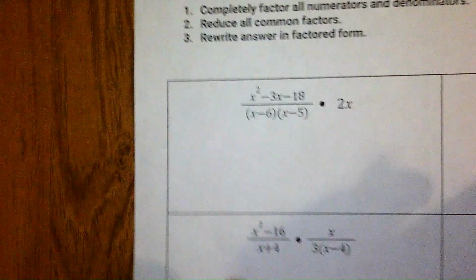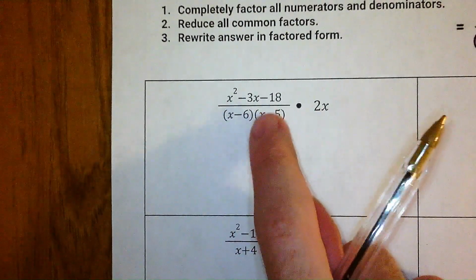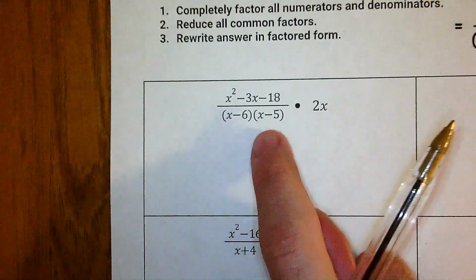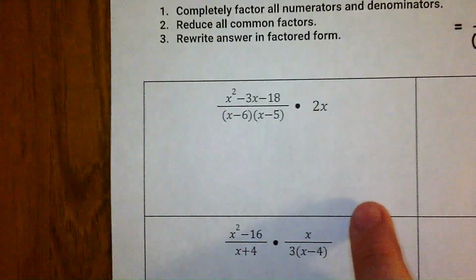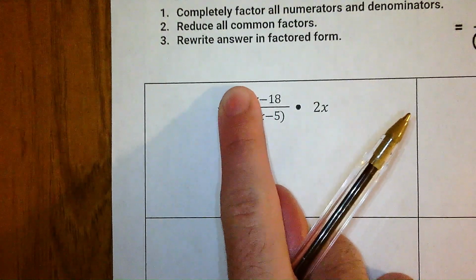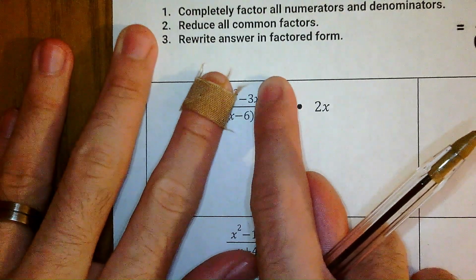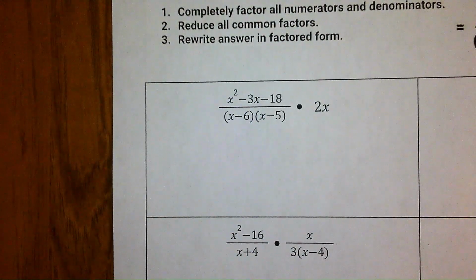So, let's begin with this example. x squared minus 3x minus 18 over x minus 6 times x minus 5 times 2x. So let's factor this. We're going to look for two numbers that multiply to be negative 18 and then add to be negative 3. So 18 will be 6 times 3, and which one will be negative, the 6 or the 3?